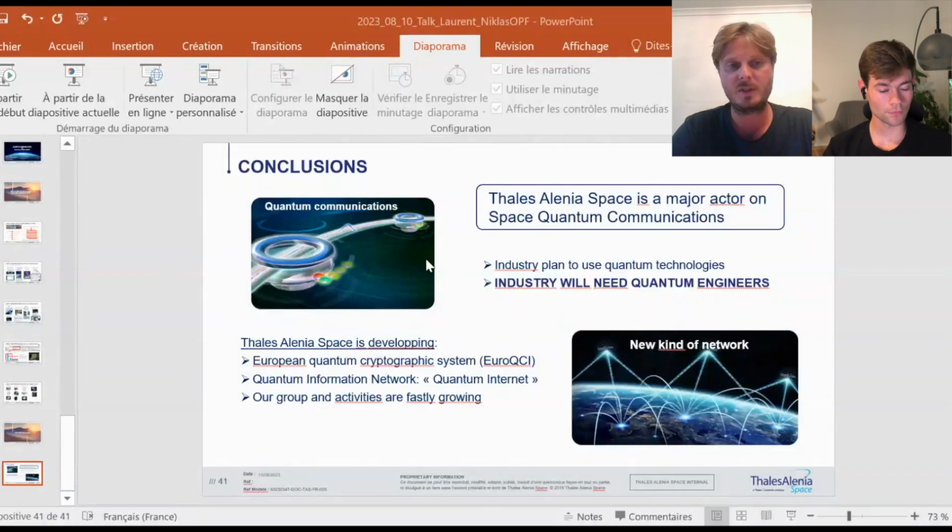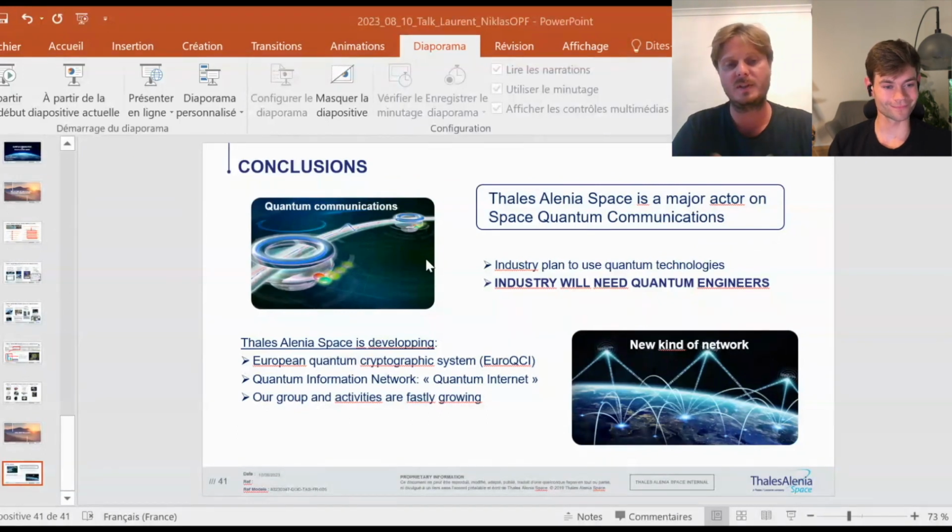What we are developing at Thales Alenia Space is a European Quantum Cryptographic System, EuroQCI. And we are actively working on quantum information network, which is also called the quantum internet. In 3 years, we went from 3 or 4 people at the beginning to 30 now.